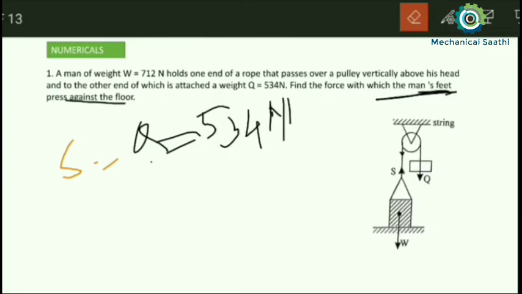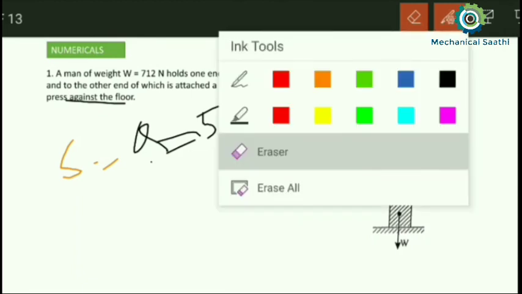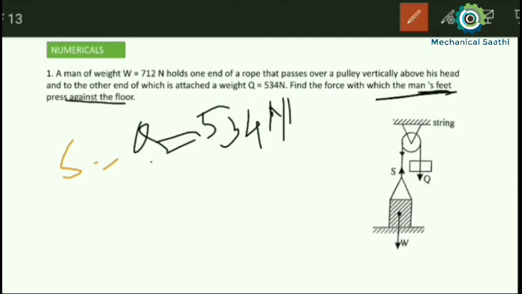Sorry, let me use the pen. Sorry for the disturbance. So I can draw the free body diagram. This will be W, acting downward, and your tension force S will be acting upward.